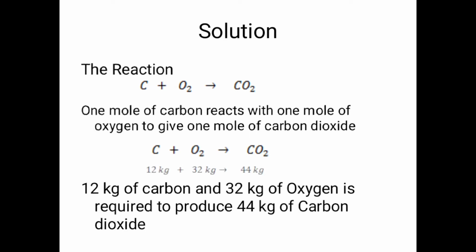Then convert the moles into kilogram, because in actual practice he cannot use the mole, he cannot go and count the number of moles and feed into the reactor. So it has to be converted in terms of kilograms. To convert the mole into kilogram, multiply the mole with its molecular weight.